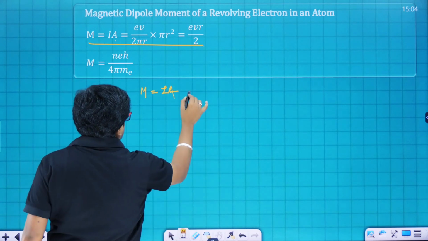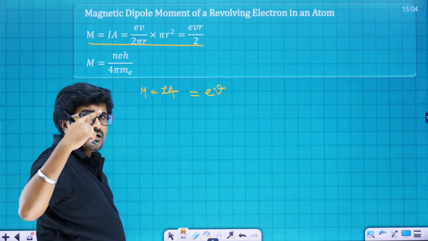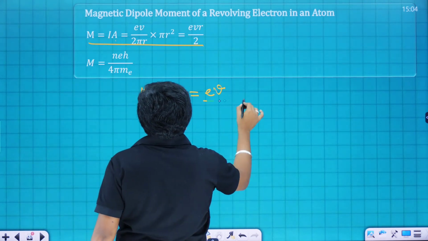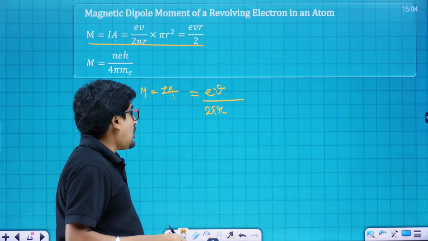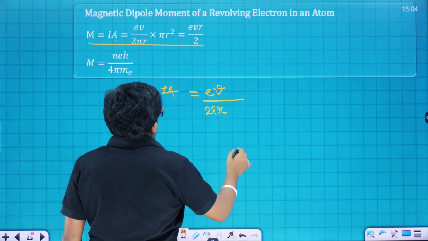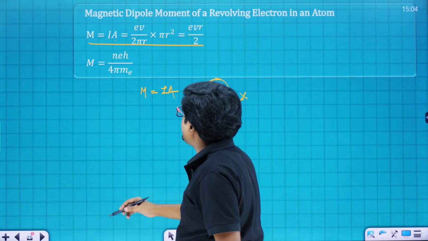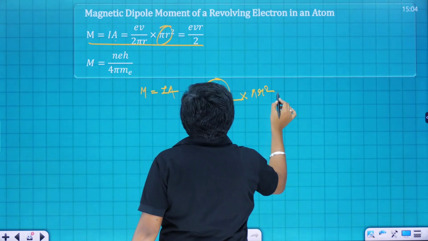Now this can be replaced as e into nu, where nu is the frequency, that means the number of circular rotations in a time. So e into nu all divided by 2 times pi into r, where r is the radius of that orbit, which stands for i, multiplied by the area, pi into r square.